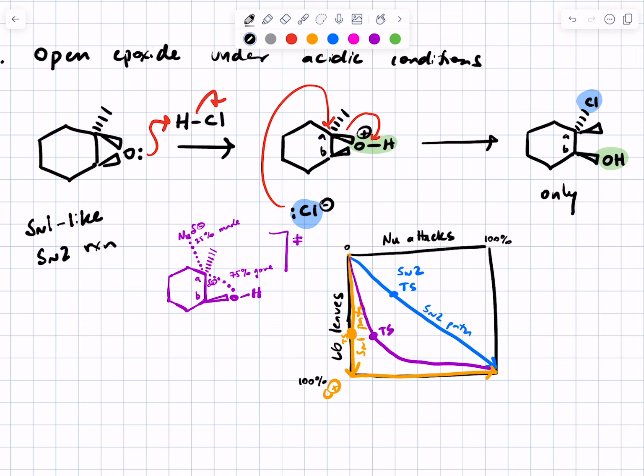All right, questions about that? Okay, practice that because you're going to need to know two different regiochemical outcomes for opening epoxides under negative charge conditions versus acidic conditions.